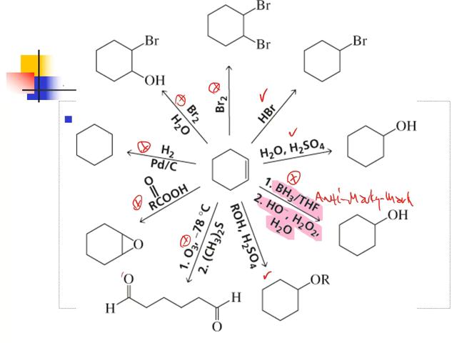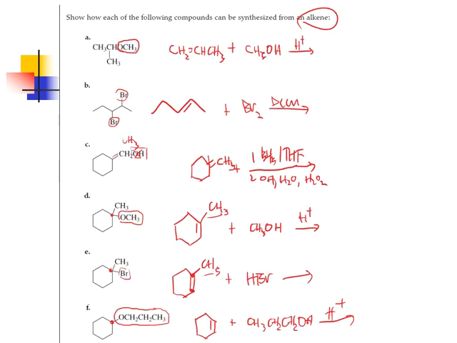The mercury methods are another way of adding OH or another way of adding this OR group onto these molecules. If I go back to this example problem, here we added an OH, here we added an OR, here we added an OR group. We could have maybe brought mercury into this discussion a little bit.